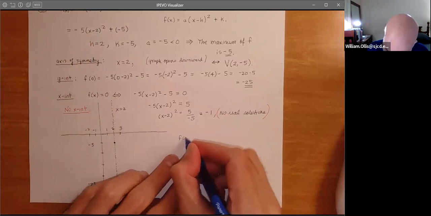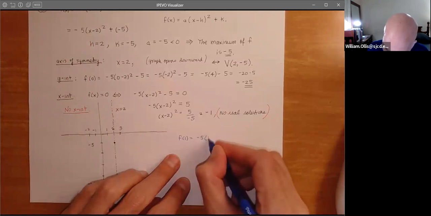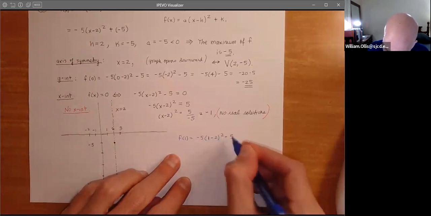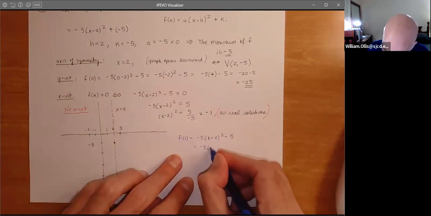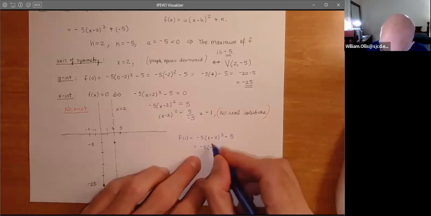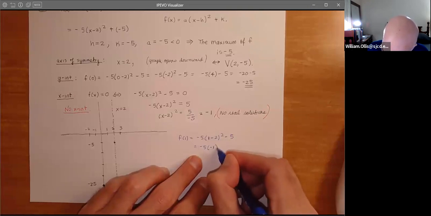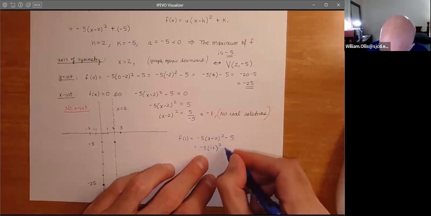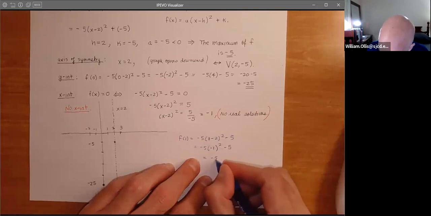So f of 1 will be 1 minus 2 squared minus 5. In this case, 1 minus 2, so that'll be a negative 1 squared minus 5.